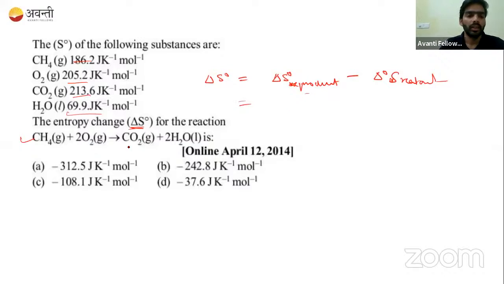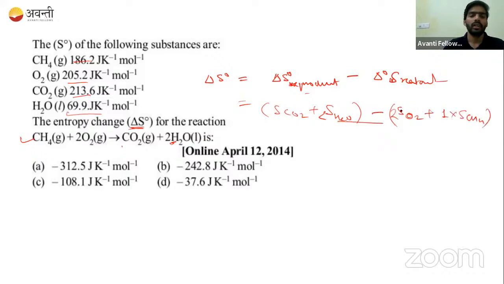Product is entropy of CO2 plus entropy of H2O, but here it is for 2 moles, so we have to mention 2 moles. Then minus, 2 moles of entropy of O2, plus 1 mole of entropy of CH4.